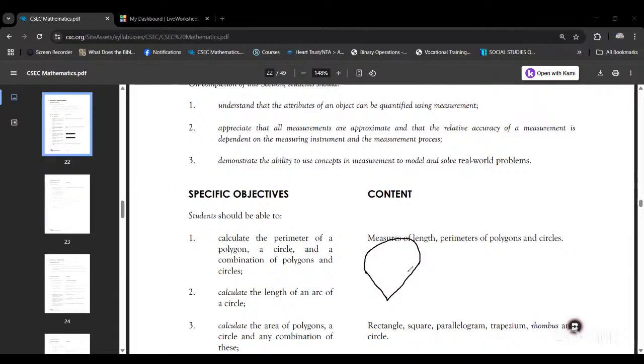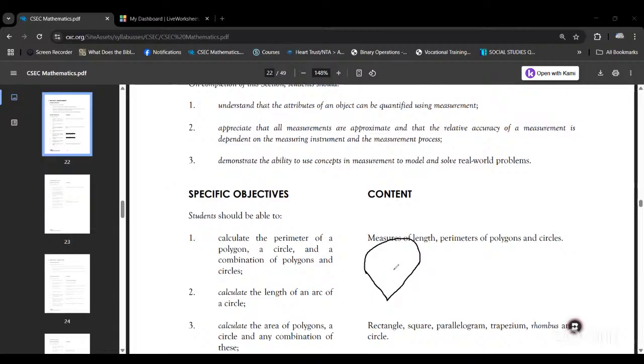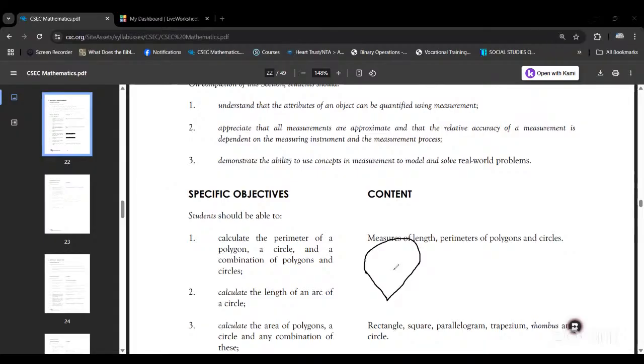Tangent? No, sir. This is a sector. Did you draw a circle to draw this? Yes, sir. Did you cut it out? No, sir.